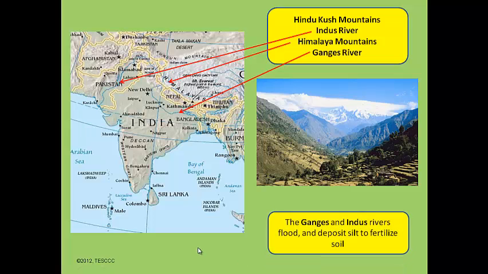Lastly, the Ganges and Indus River flood and deposit silt to fertilize the soil. Very important. And then lastly, Hindu Kush Mountains are going to be over in Afghanistan. So take a second, label those, use a blue marker or however you want to do it to label your rivers. And then remember, mountain ranges are like the top half of a triangle.